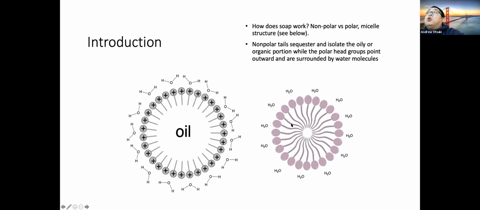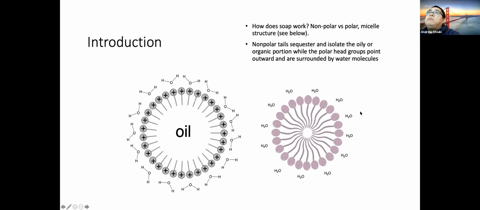In the center will be your organic material, and on the outside is your water, where the polar heads are. Interestingly, micelles can be used for chemical reactions too. If you have, say, a Grignard reagent, you can use a micelle to encapsulate it and do a Grignard reaction. There have been reports where you can actually use these to do actual synthetic chemistry.